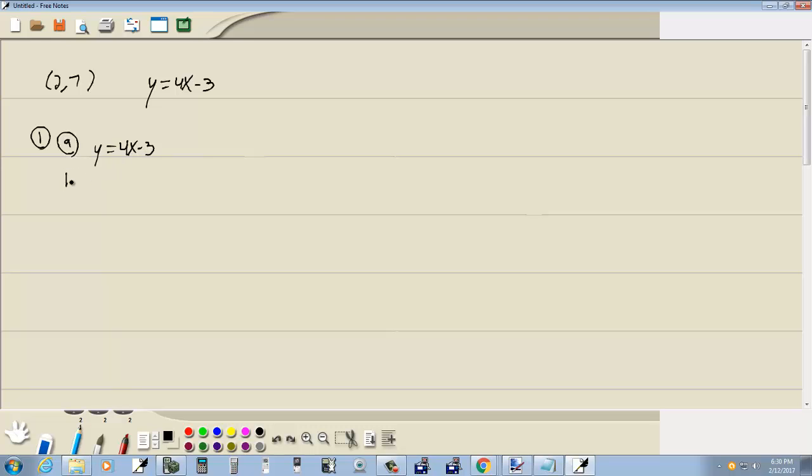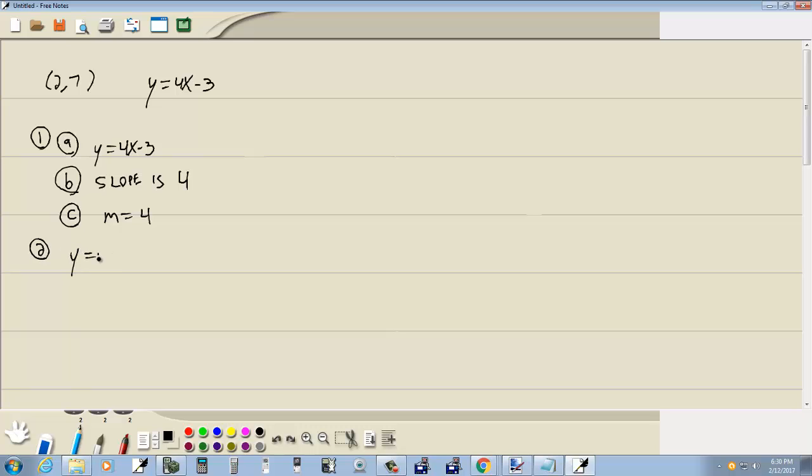It's already solved for y. Our second sub-step is to identify the slope. Well, if it's in slope-intercept form, our slope is whatever number's in front of our x, so slope is 4. Now we said that it's parallel to this line. We said the slope of that line was 4, and parallel lines have the same slope, so the m we're trying to find will be 4.